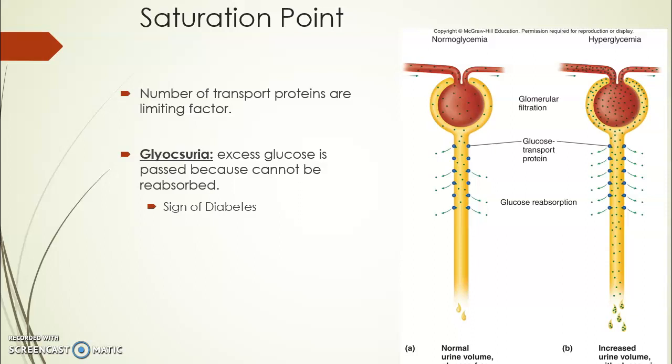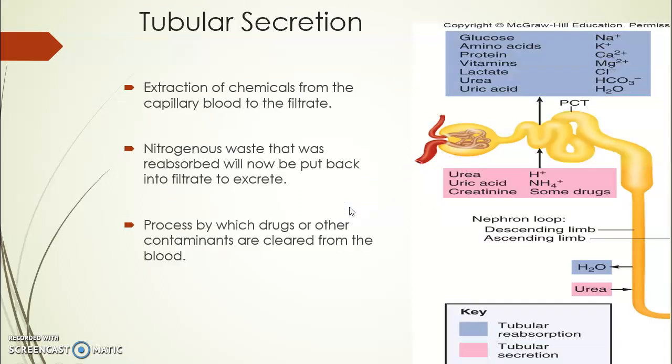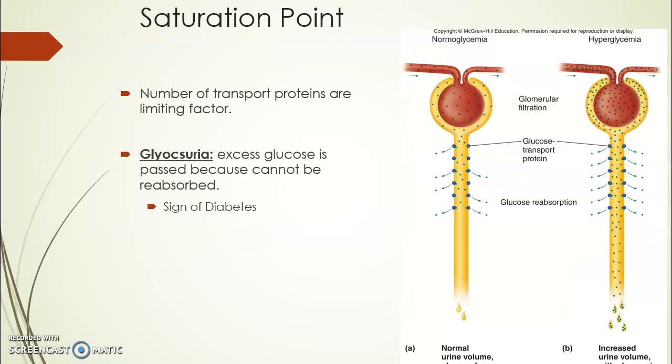Now, these can actually change, which we'll talk about shortly, but just as an FYI, these facilitated transport proteins that aid in allowing glucose to be reabsorbed can actually be changed genetically.